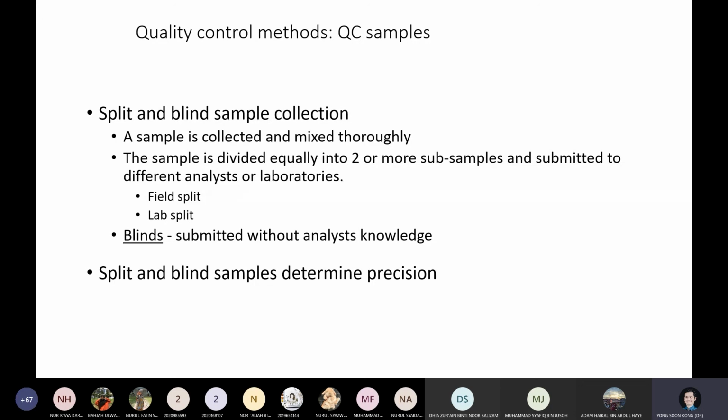Now, although here you say they want to determine precision, split samples serve many functions, either as field splits or lab splits. If you split the same sample, which technically should have the same characteristics and therefore the same data, you'll be surprised that when it is analyzed by 2 different individuals, the data might turn out quite differently.